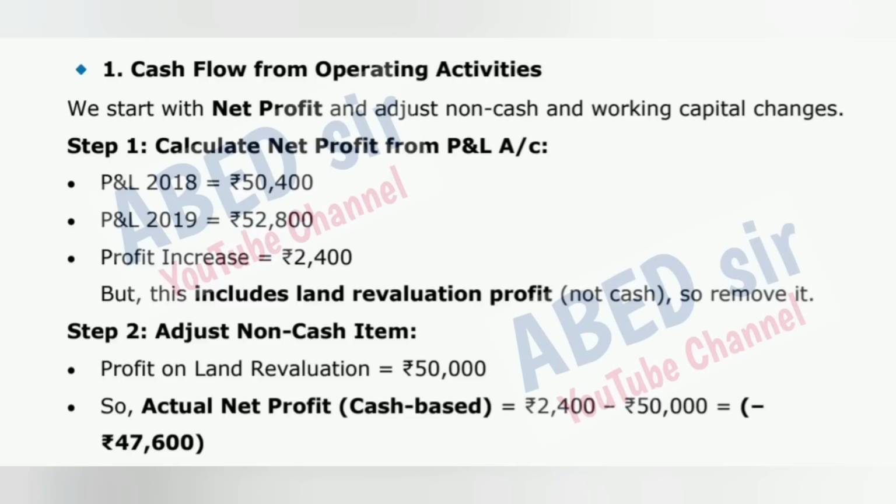But this includes land revaluation profit, which is not cash, so remove it. Step 2. Adjust non-cash item. Profit on land revaluation is equal to 50,000 rupees. So, actual net profit, cash-based, is equal to 2,400 rupees minus 50,000 rupees, which is equal to minus 47,600 rupees.